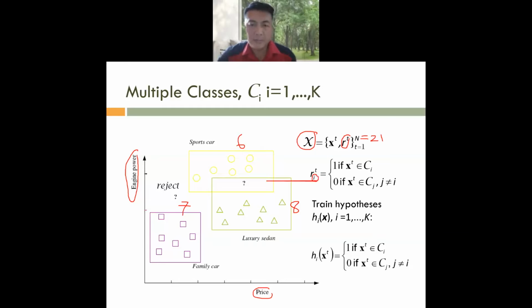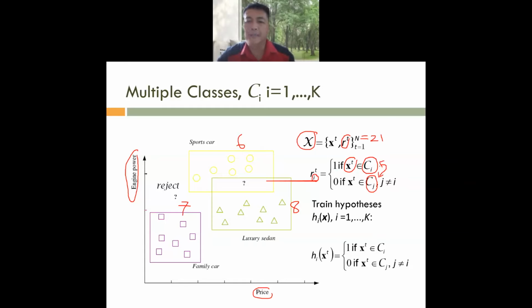We have i here, meaning that we have more than 2 classes, 1, 2, 3. So we say that a particular sample belongs to that class if that sample belongs to that particular class, and 0 if that sample belongs to another class that is not the same as the one checked first.